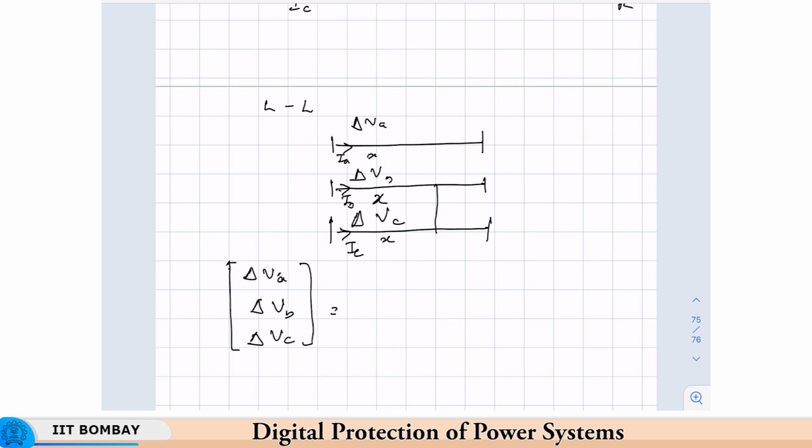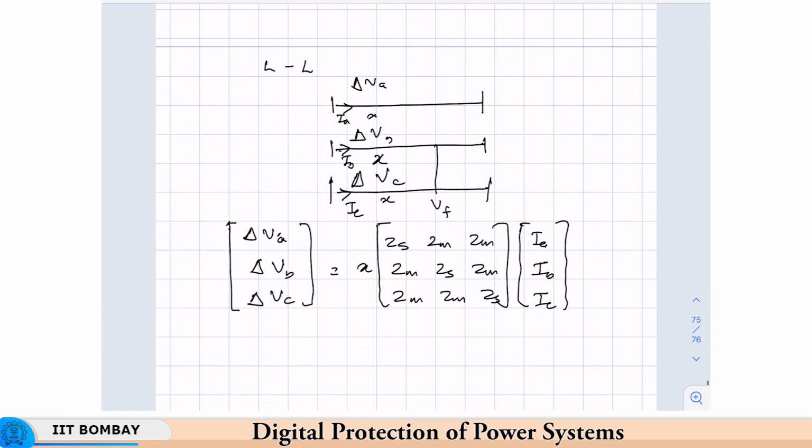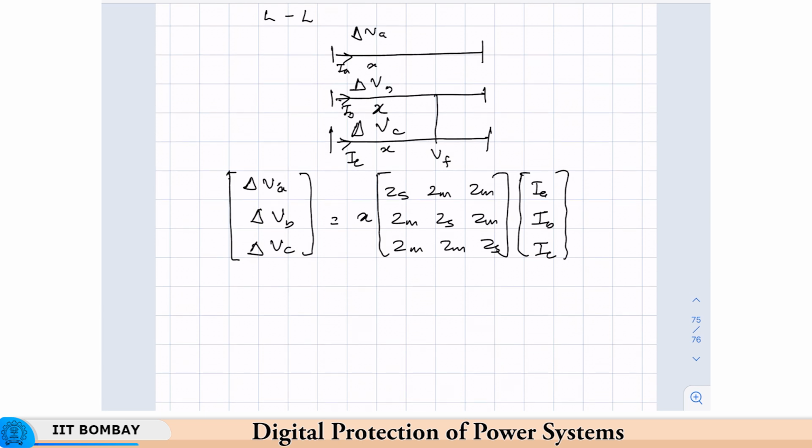So, instead what we do is we do row number 2 minus row number 3, which gives us delta VB minus delta VC, which is nothing but VB minus F minus of VC minus F, which in other words is nothing but VB minus VC. Okay. So now what does this on the right hand side imply? We will get equal to x into, let's multiply it and see.